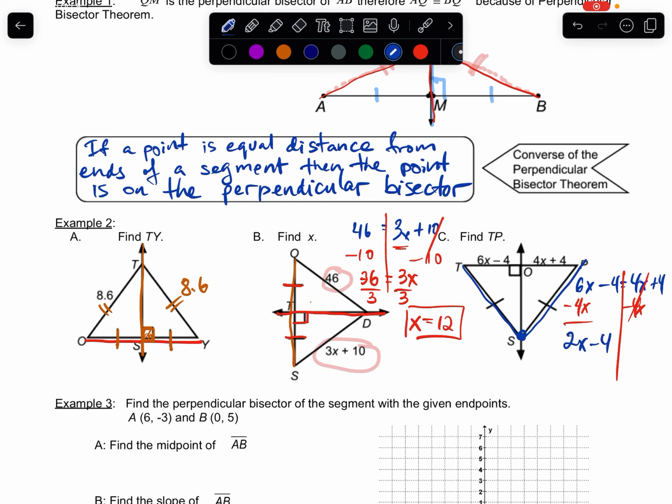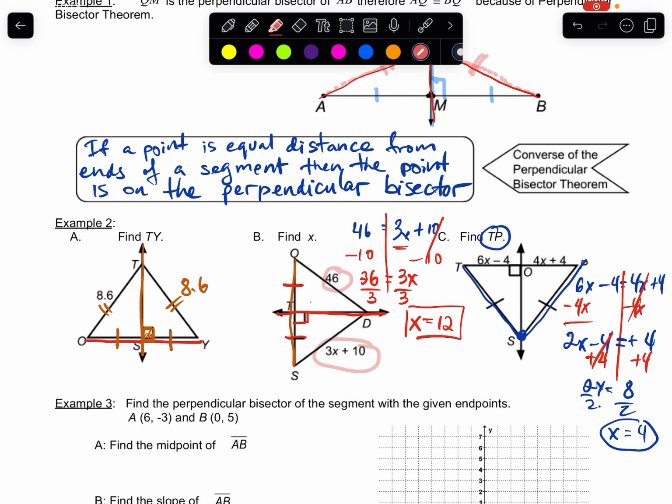This is 2x minus 4 and plus 4. They're still equal. Now I have this minus 4 with the 2x, and I don't want it there. I want it on the other side. So I will move it there. So 2x is equal to 8, which means divide by 2, x equals 4.